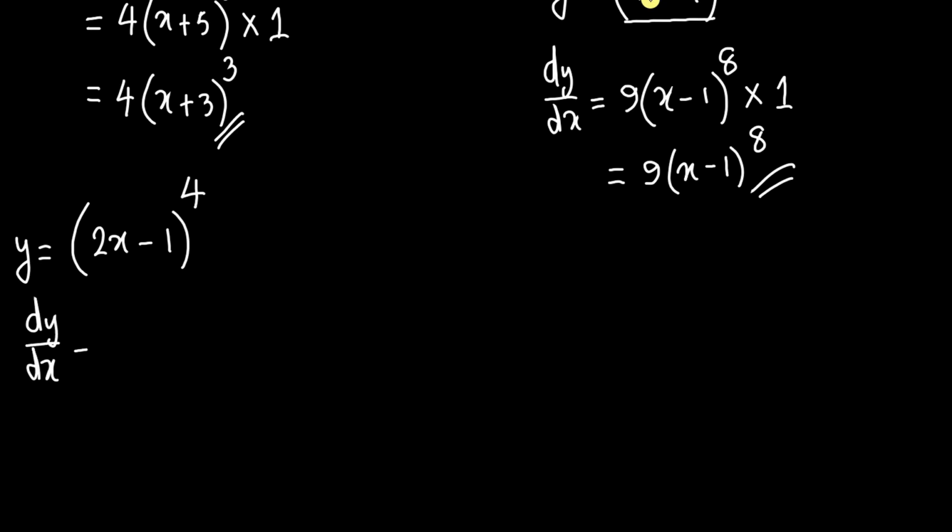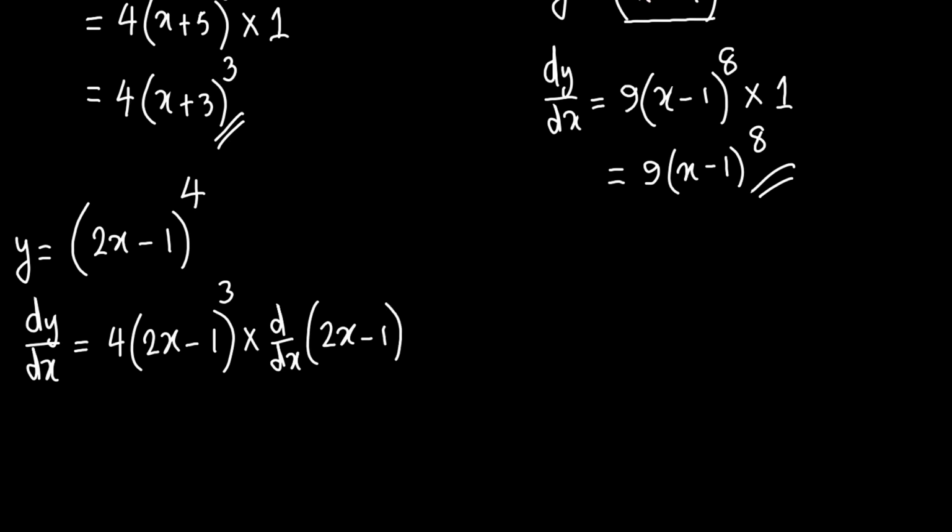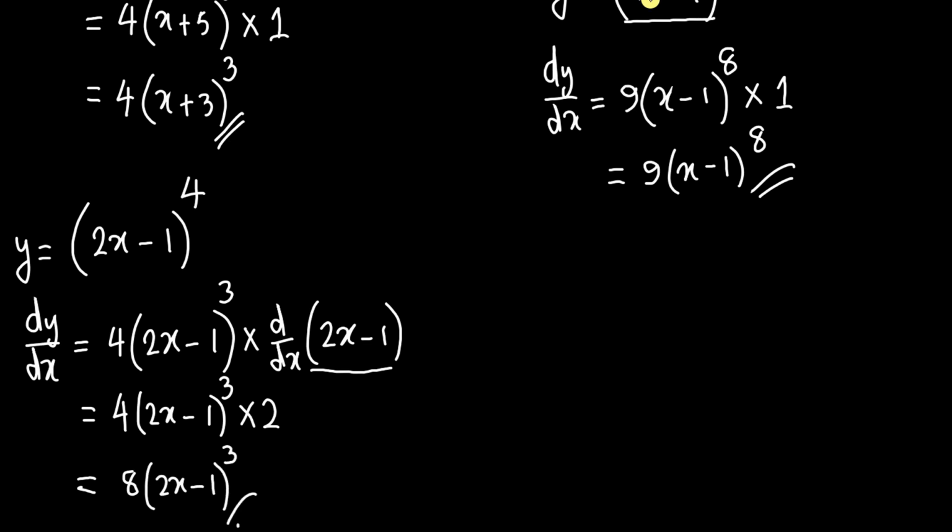First differentiate the power, which means 4 times (2x - 1)^3. Then times d/dx of what is written inside the bracket, which is exactly 2x - 1. Inside the bracket, if I differentiate 2x - 1, we get 2. So we can multiply 4 by 2, which is 8, times (2x - 1)^3. So this is our final answer.